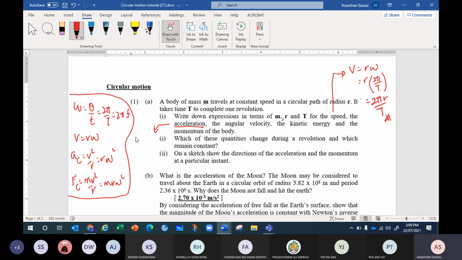So what is acceleration? a is v squared over r. v is 2 pi r over T. So 2 pi r over T is your v, squared, and you have another 1 over r.